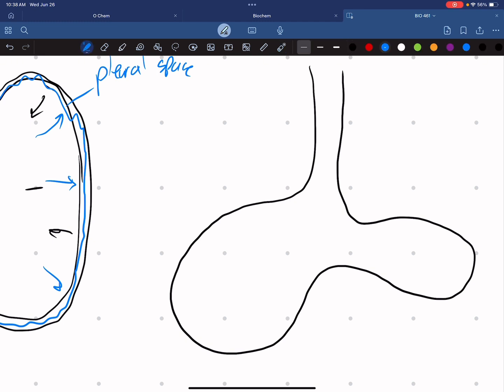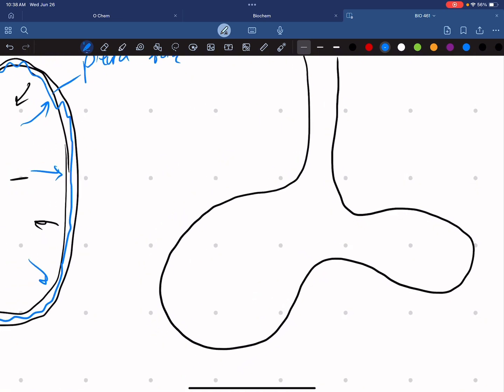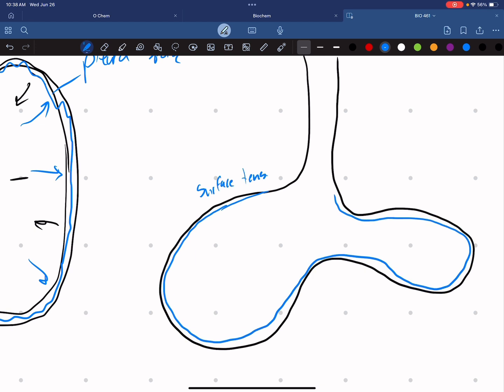So we have a couple things to prevent this. In the alveoli, we have this layer of water, which contributes to the surface tension, which is what helps keep the alveoli from naturally collapsing. And along with this surface tension, we have this protein called surfactant in each alveoli, and that is what reduces surface tension.